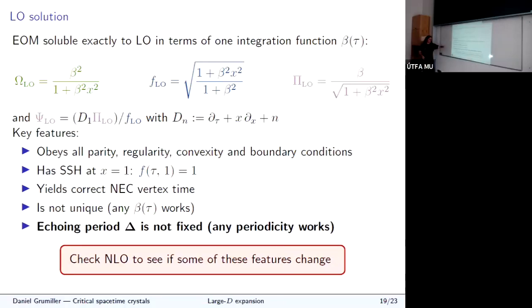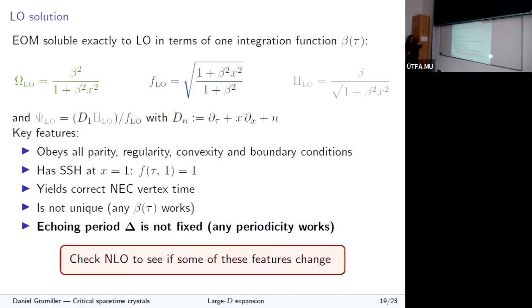I mean, on the one hand, it's maybe good because if you want to be able to match any finite value of D to some large D expansion, then you should be able to model all possible values of delta that appear at finite D and all possible functions beta that are of relevance for different finite D solutions.